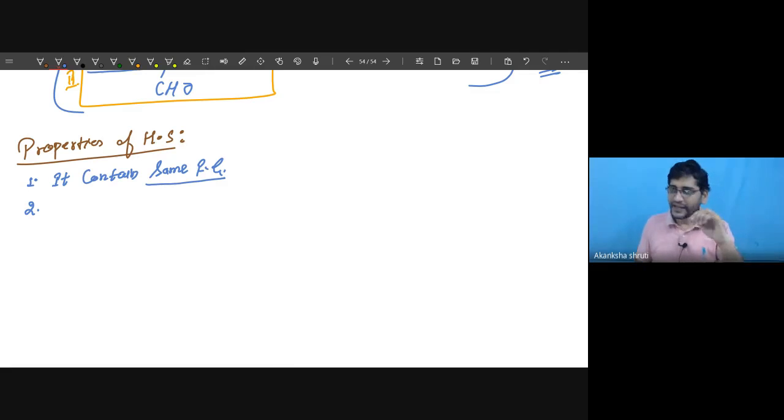Coming to the other properties. Their physical properties like mass, melting point, boiling point vary. But chemical properties, meaning tendency to react with others, always remain the same. So properties of a homologous series means properties of the members of the homologous series.